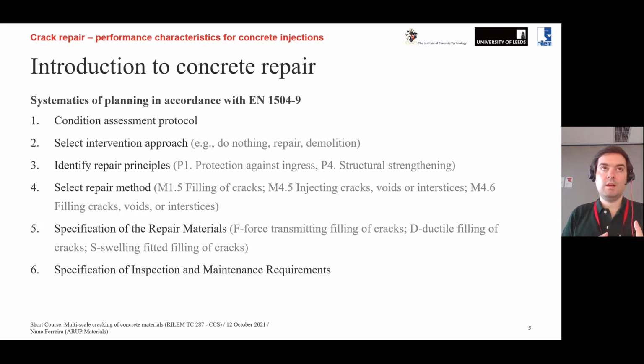We can also specify the temperature range of application. Do we want to inject in the cold weather because the cracks are the biggest at that time? Because it's quite low temperature, you should also specify the minimum temperature. So all of this is quite important. And in the end, we can also try to specify the frequency of inspection and any maintenance requirements.